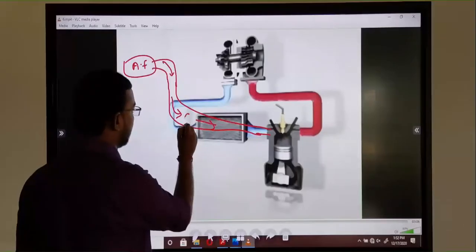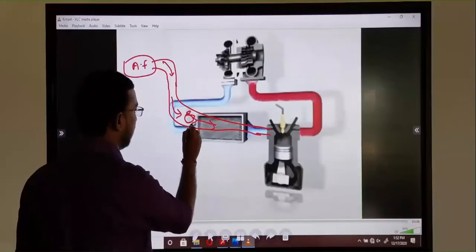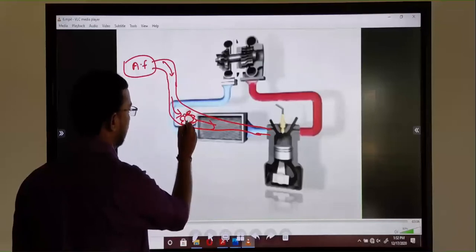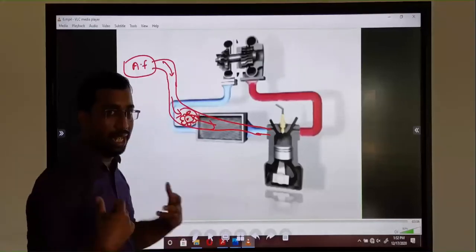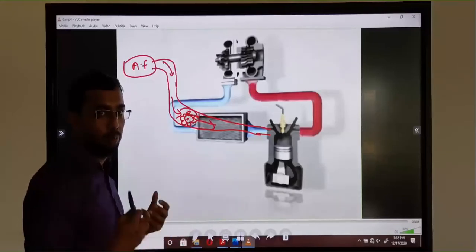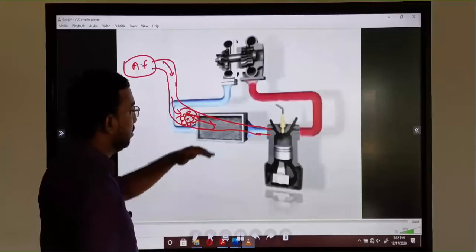If we fix a rotation wheel, like a water pump or something, what will happen? Because of rotation, more air can be pulled into this manifold.